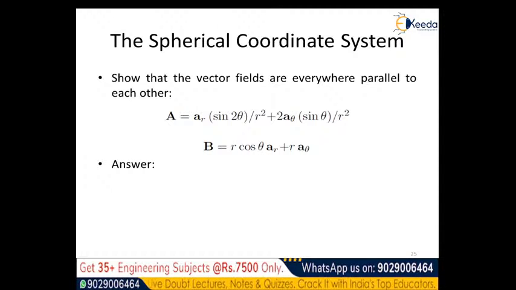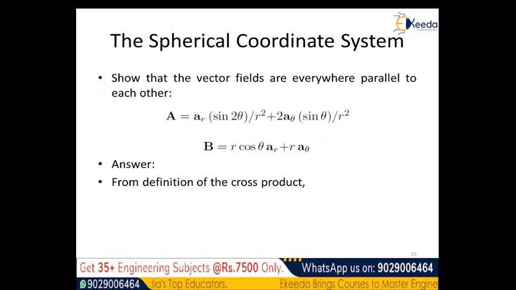Cross product we have already discussed a lot of times right from the first session. The cross product between the two vector orientations, taken in a plane of paper in two dimensions, can be represented by A vector cross B vector, as we are doing here.